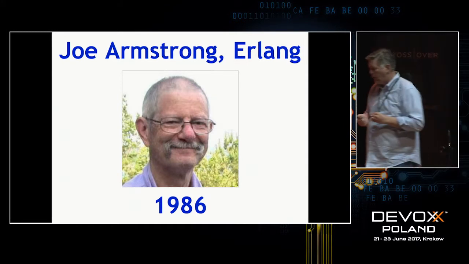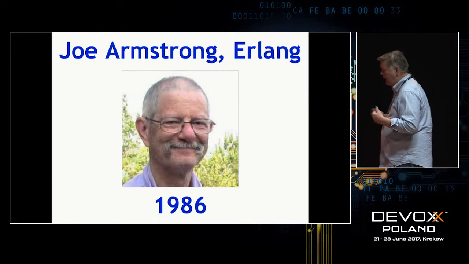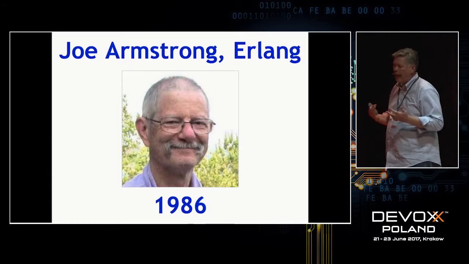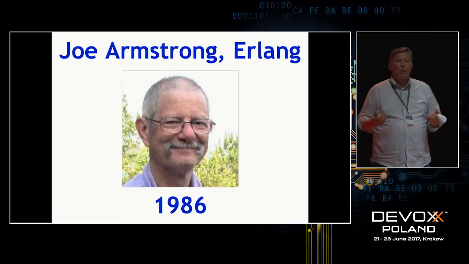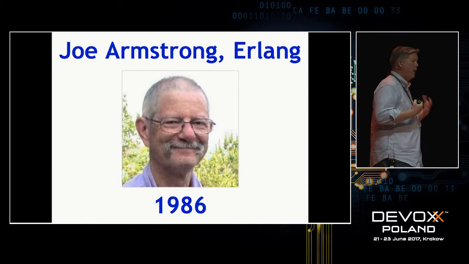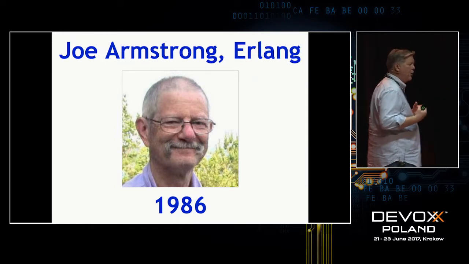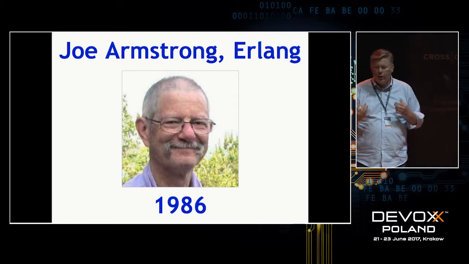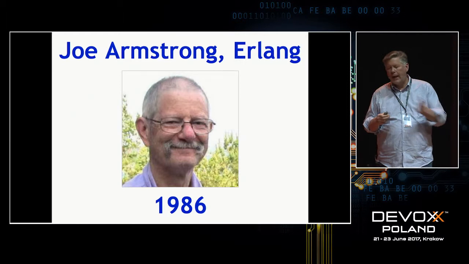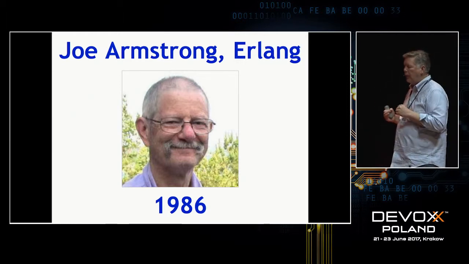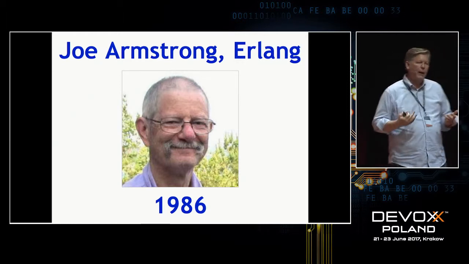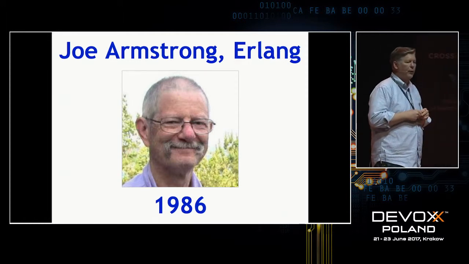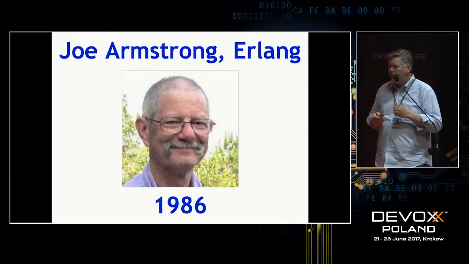So Joe Armstrong and others needed to solve some problems for telecommunications, and they came up with an idea that essentially was the actor model, although, again, as I understand, they had not read the formal papers and other industry literature on the actor model before. So in 1986, 13 years after Carl Hewitt and colleagues did their work, the actor model is rediscovered in industry. So a big step taken there.